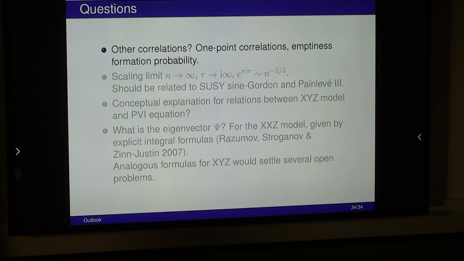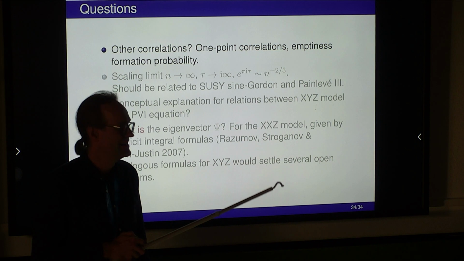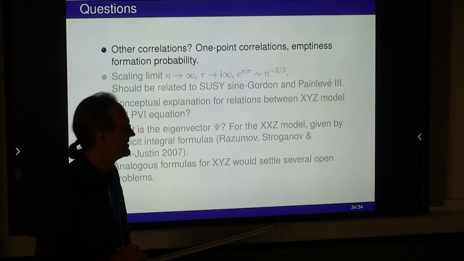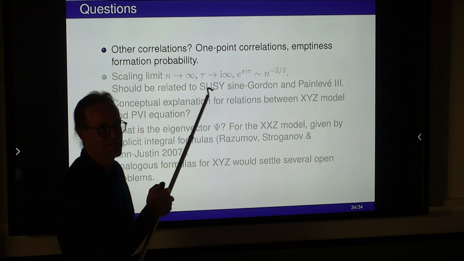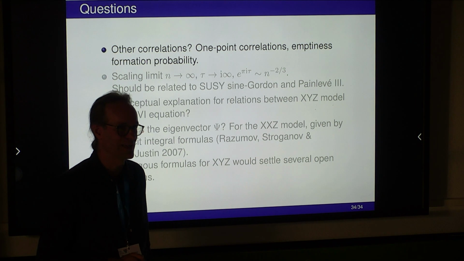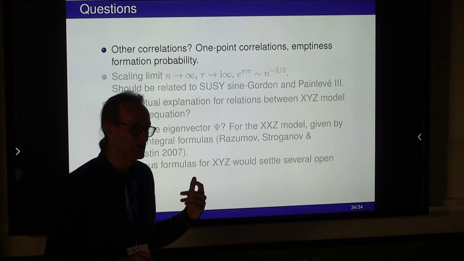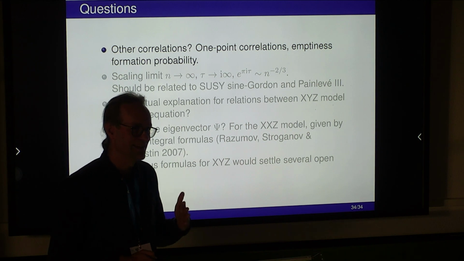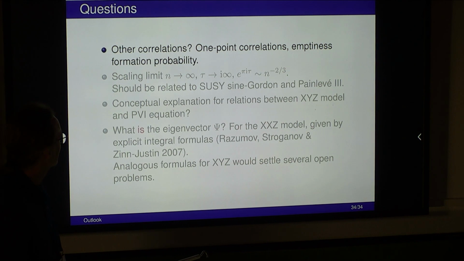I just want to finish with some questions. What else could you do? Well, you could look at other correlations. One point correlation should be simpler than two points. We actually have some. My co-author has computed some one point correlations, and it seems it's also expressed in terms of not these polynomials I showed, but a kind of sibling polynomials of those.